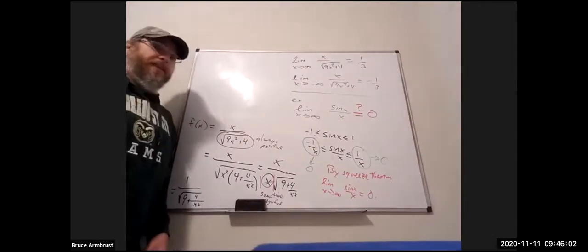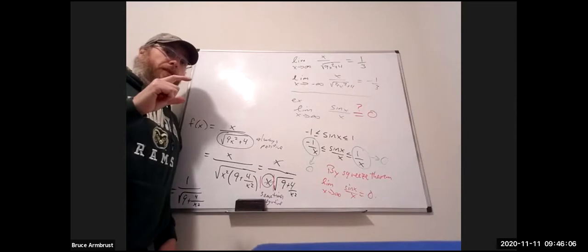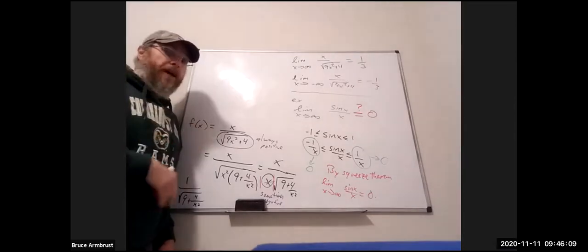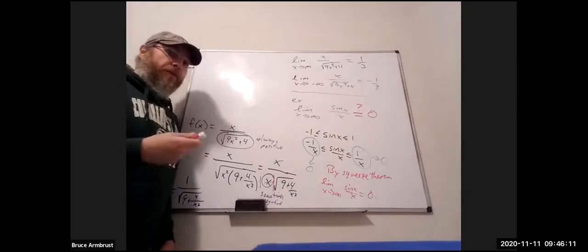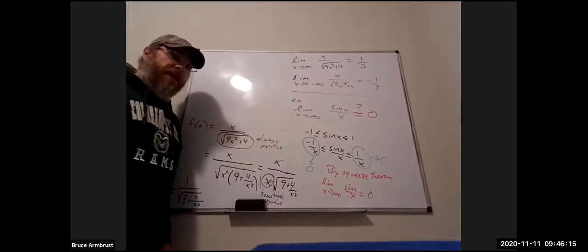The squeeze theorem says if we've got a function that's always trapped between two other ones, and those two go to the same value, then the one that's in between gets squeezed, gets pushed to that same value.